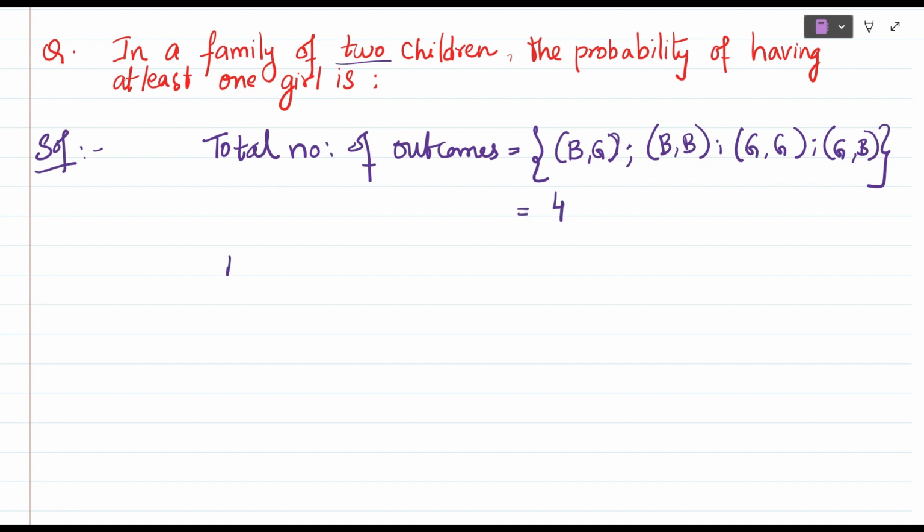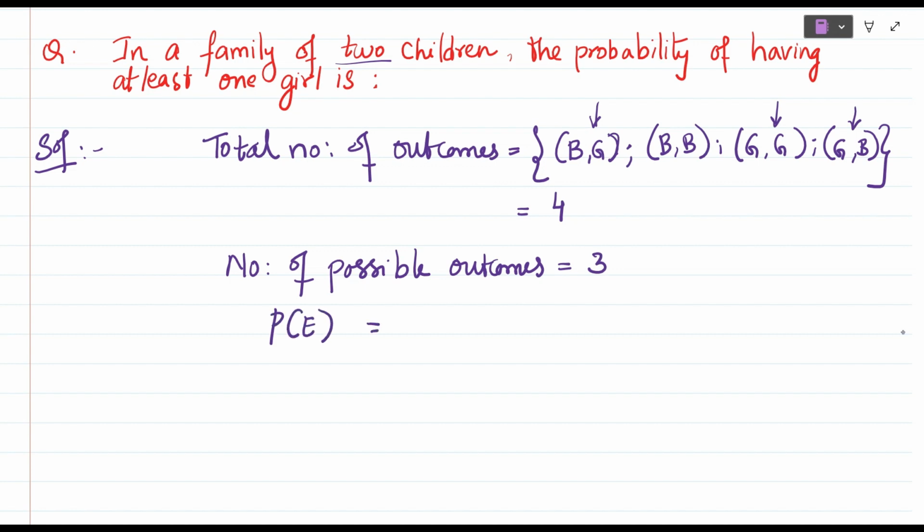Now they are asking us at least one girl. So number of possible outcomes. How many, students? At least one girl means here one girl is there. Here one girl, here also one girl is there. So how many chances are there? So 3 chances are there. Right. So probability of this event will be, write the formula.